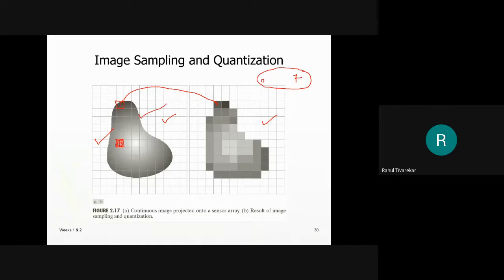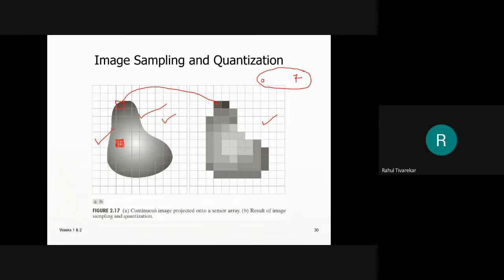The way I increase the number of pixels is basically I'm trying to increase the resolution of the image by adding pixels to represent the same graphical area.